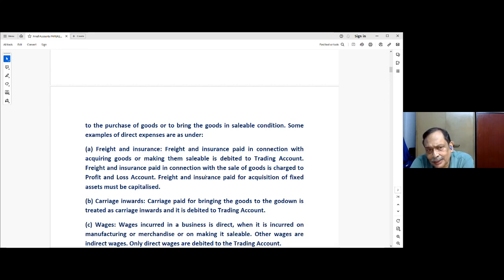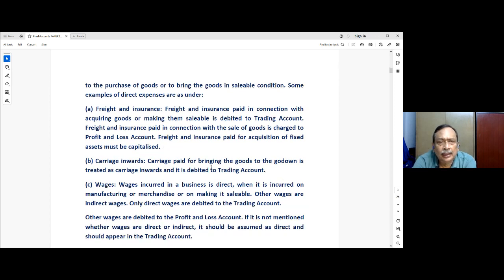So, some examples of direct expenses may include, number one, freight and insurance. Freight and insurance paid in connection with acquiring goods or making them sellable is debited to trading account. Okay. Freight and insurance paid in connection with the sale of goods is charged to profit and loss account.